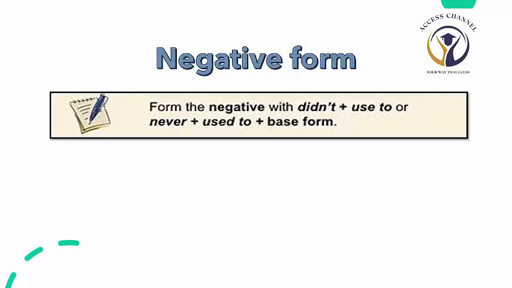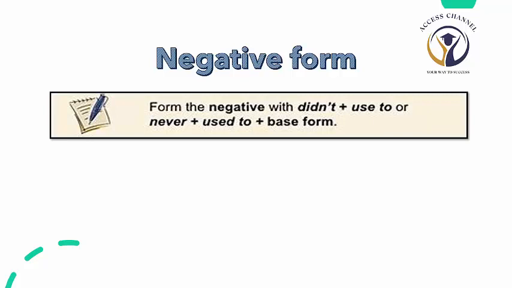And pay attention to the pronunciation here. I just pronounce use to without the ed, the same as used to with the ed. It would be hard to pronounce separately, so to make it easier we just connect it together and it becomes used to. The same pronunciation as used to, but of course different in writing.